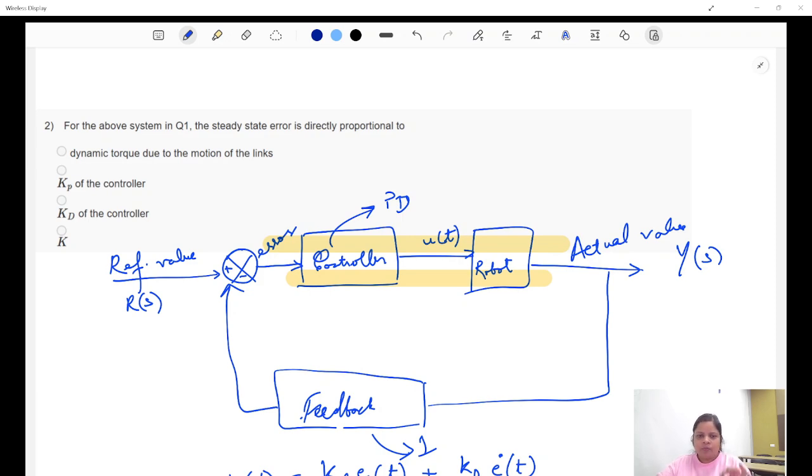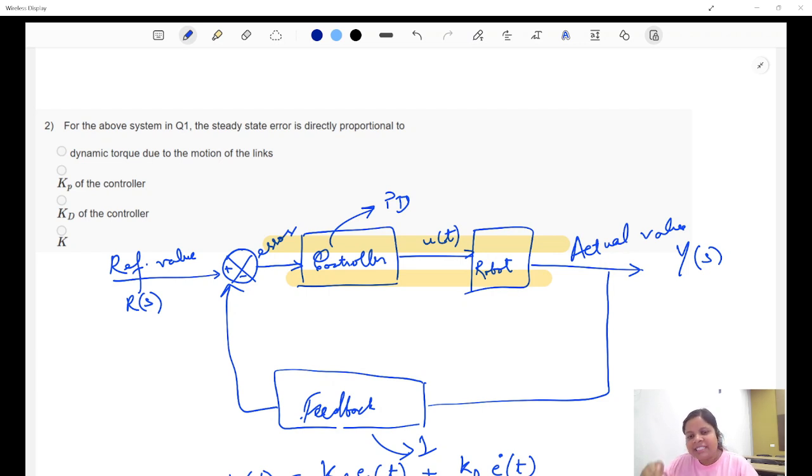Okay, I'll tell you. The steady state error is required in proportion to the required dynamic torque due to motion, especially in the presence of gravity, acceleration or link forces.